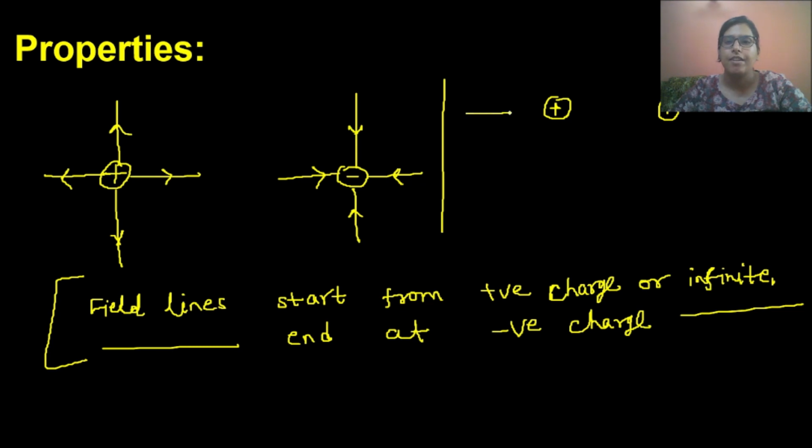Then the electric field will be radially outward, and for this, the electric field lines will be like this, but it cannot end here, so it will be like this. For this also it will be like this.